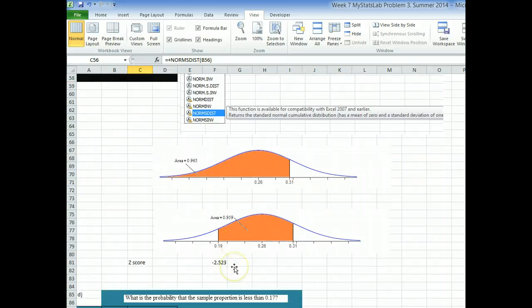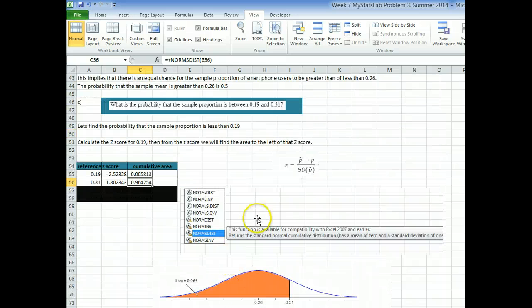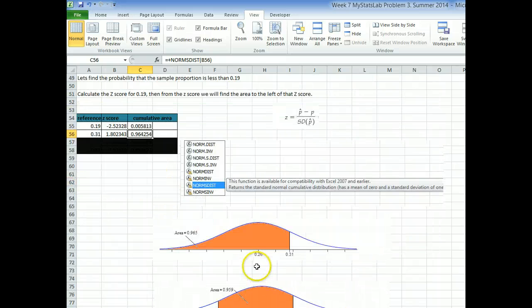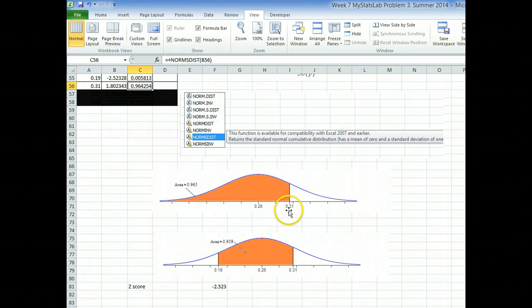Now, in order to calculate the probability that is between 0.31 and 0.19, I would have to subtract this area from this area.